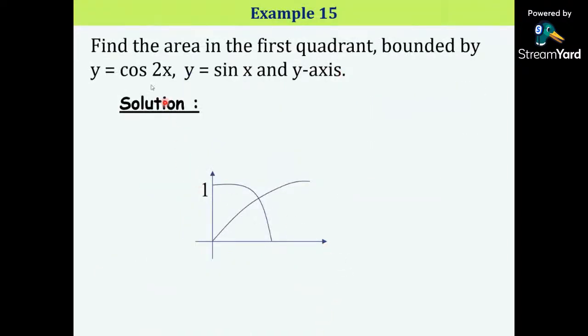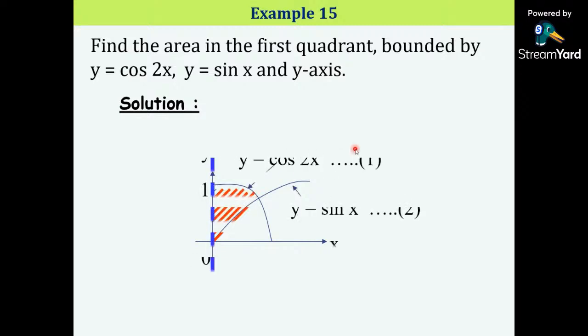Now let's take a look at this example. Find the area in the first quadrant bounded by y equals cos 2x, y equals sine x, and the y-axis. Here is y equals cos 2x, and here is y equals sine x, and the y-axis over here.